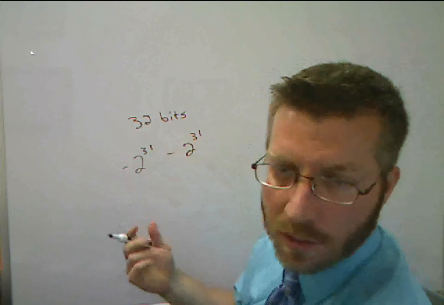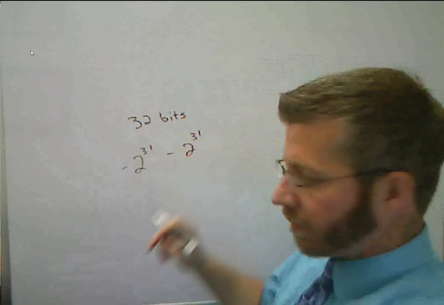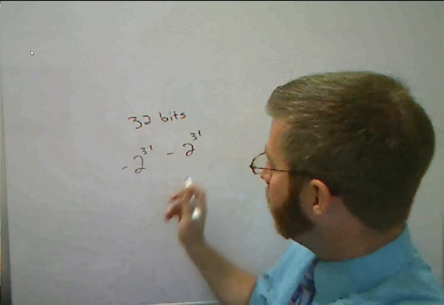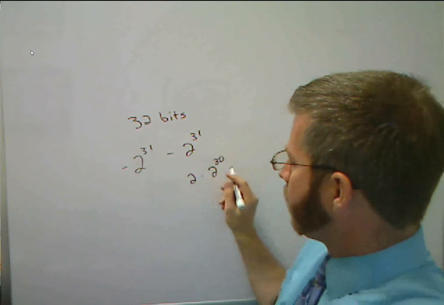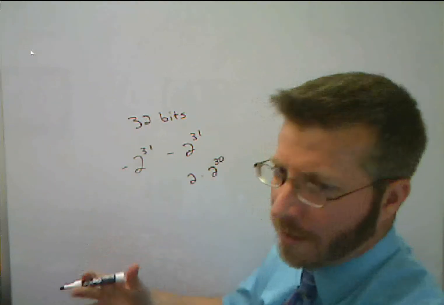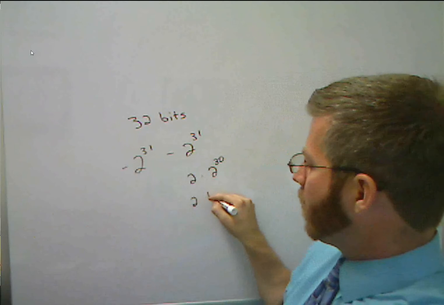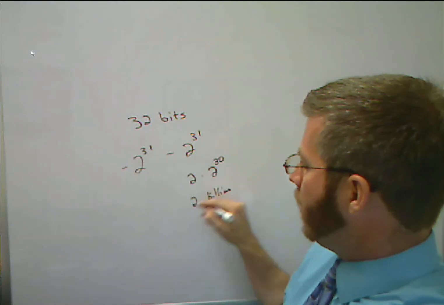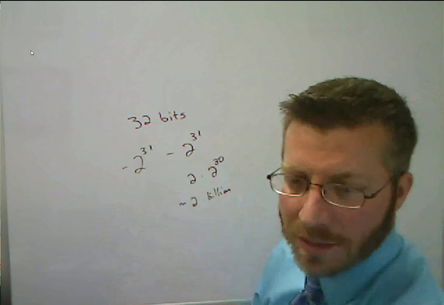And we have a 0 in the middle there, so that's why we have 1 bit taken away on each side. The range of our numbers here then, let's see, that would be 2 times 2 to the 30. 2 to the 10 is about 1,000, it's 1024. 2 to the 20 is about 1,000,000, and 2 to the 30 is about 1 billion. So this goes up to approximately 2 billion is our range. So it's going to go from negative 2 billion up to positive 2 billion.